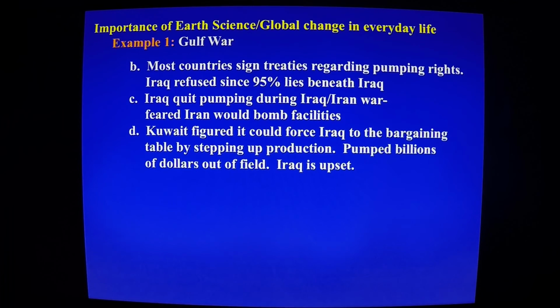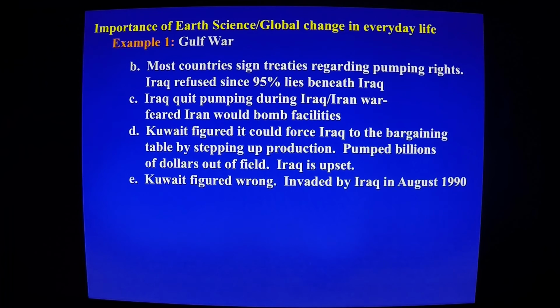Well, as it turns out, Kuwait greatly miscalculated, and instead of coming to the bargaining table, Iraq just said, it'd just be a lot easier if we just invaded Kuwait and just took the land back and all the oil. And that's what happened in August of 1990.